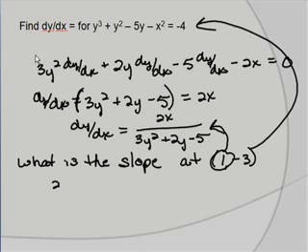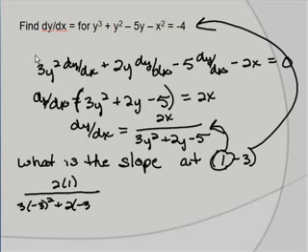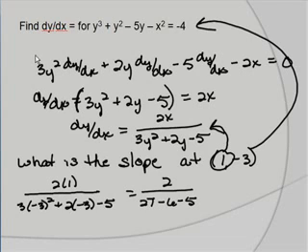So we would have 2 times 1 over 3 times negative 3 squared plus 2 times negative 3 minus 5. So we would get negative 3 times negative 3 is 9, times 3 is 27, minus 6 minus 5. So that's going to give us 2/16. 27 minus 11, which will reduce down to 1/8.